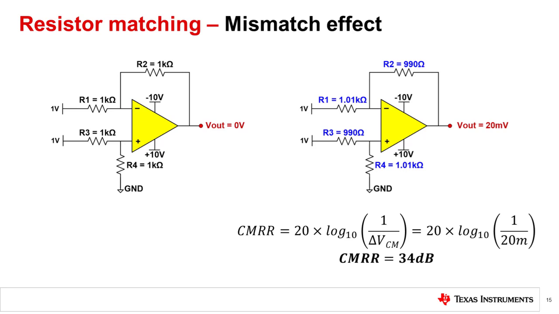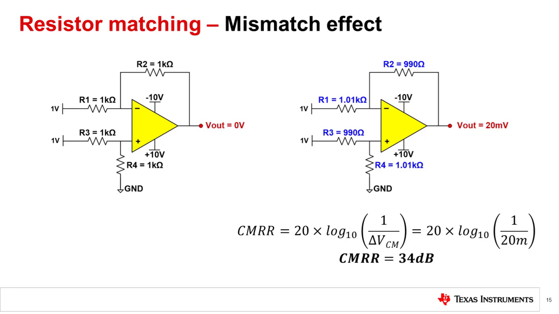R1 and R4 varied in one direction to 1.01 kiloohm, and R2 and R3 varied in the opposite direction to 990 ohm. Ideally, we aim for R1 to match R3 and R2 to match R4 because the gain will be R2 over R1. However, R2 does not match R4 and R1 does not match R3.